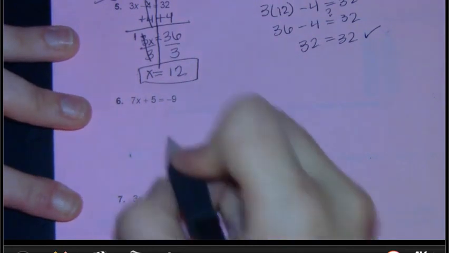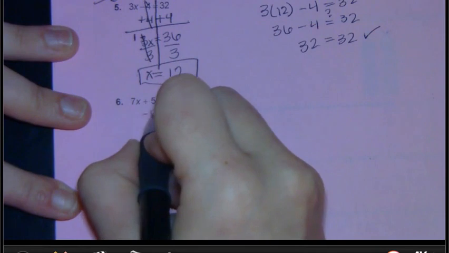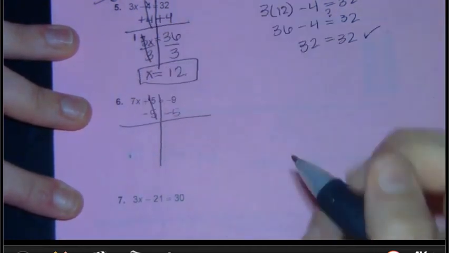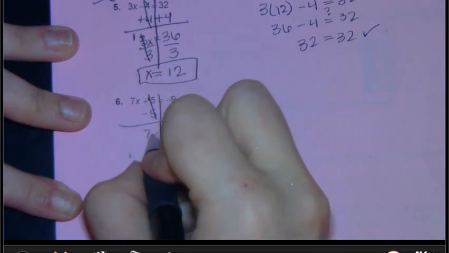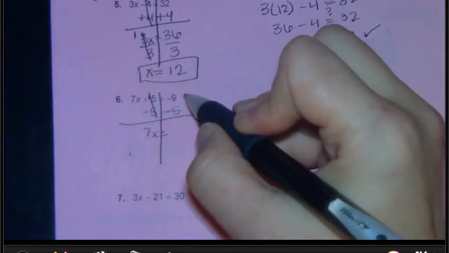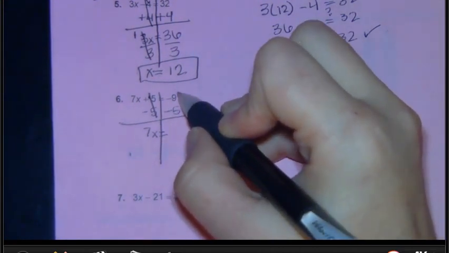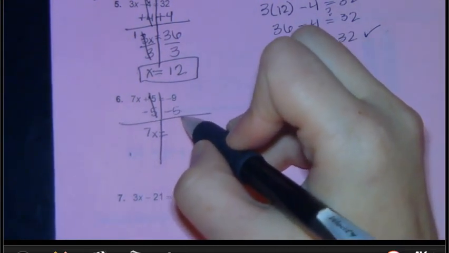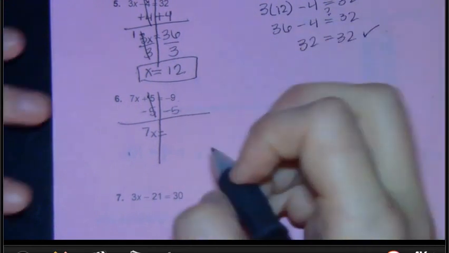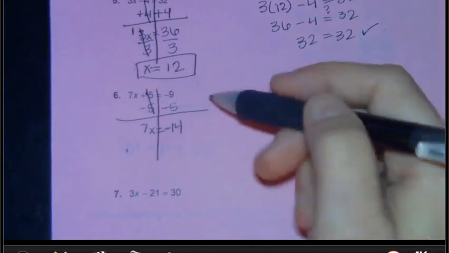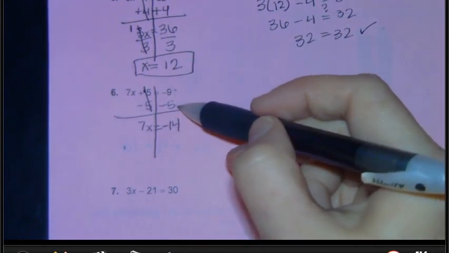All right, number 6. I see adding 5, I see addition, so I'm going to subtract. 5 minus 5 is 0. Now I'm left with 7x is equal to, if I start at negative 9 and I'm taking 5 more away, so I have a negative minus a positive, I'm going to add these two numbers and I'm still in the negative because I start at negative 9 and I'm going 5 more into the negative.